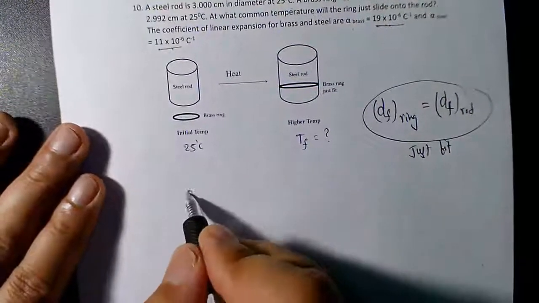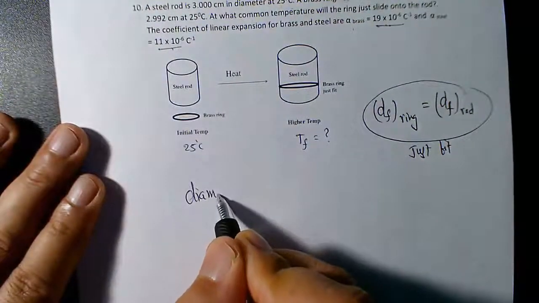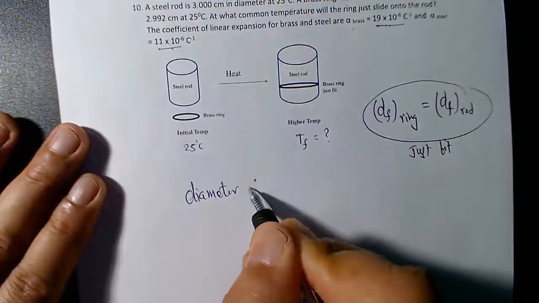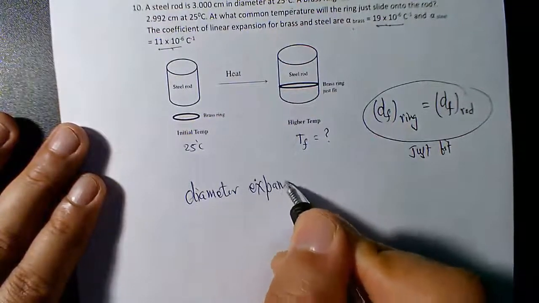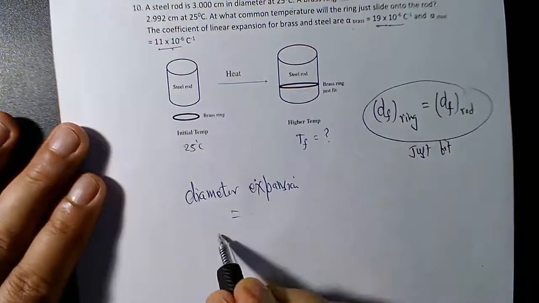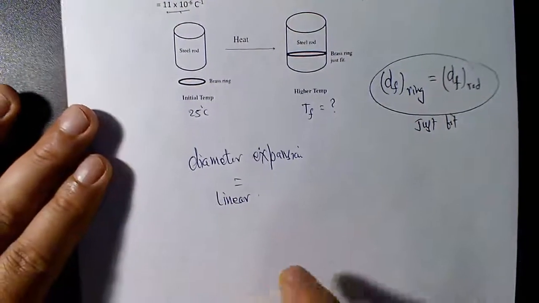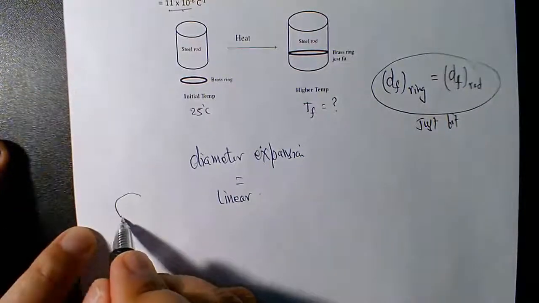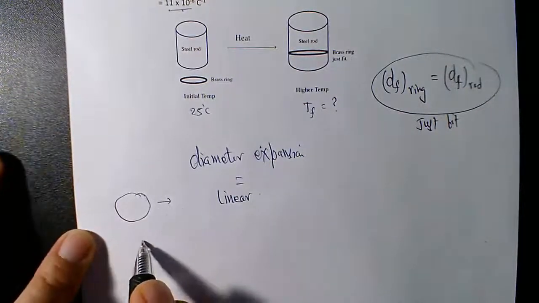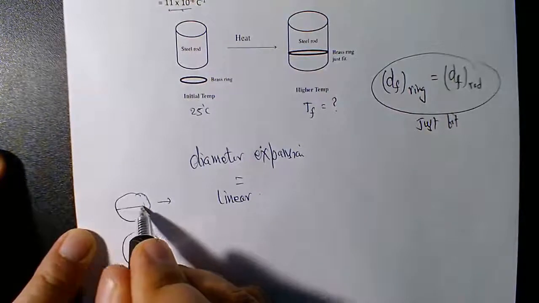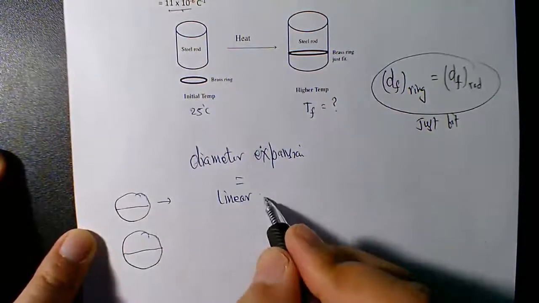So first of all, you have to understand diameter expansion is linear expansion, because you are measuring the diameter, which means you are measuring the length. The whole thing will expand, so you are measuring the length: linear expansion.